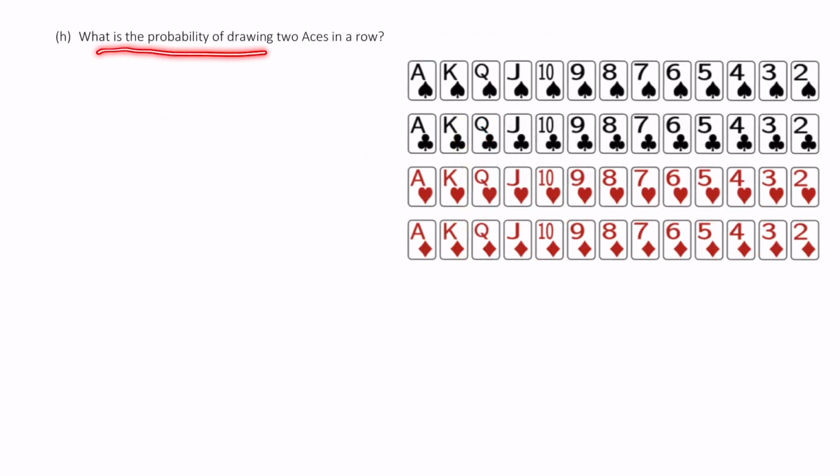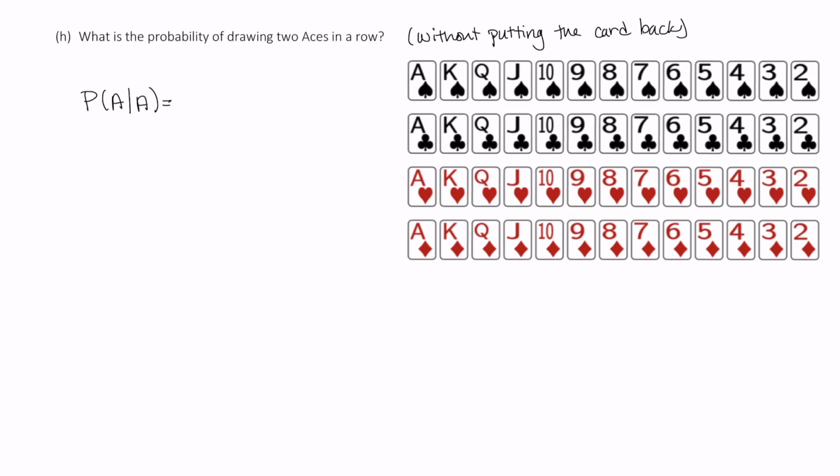Finally, what is the probability of drawing 2 aces in a row? And I'm going to add here without putting the card back. So we want the probability of 2 aces in a row. So that's the probability of drawing an ace, given we've already drawn an ace. Let's begin by first finding the probability of drawing an ace out of this deck, which is 4 out of 52.